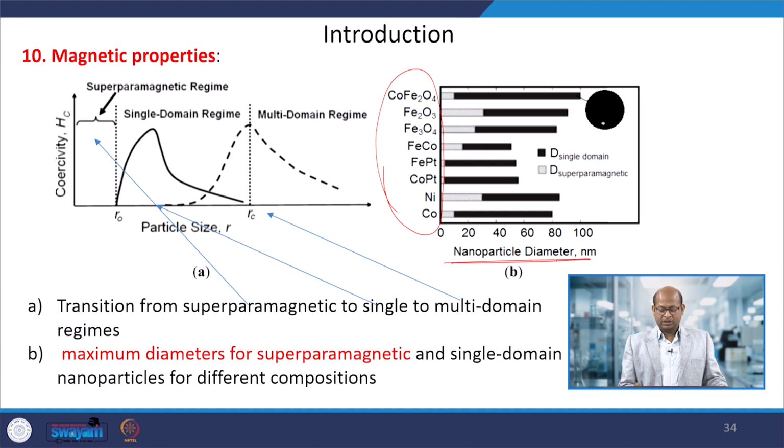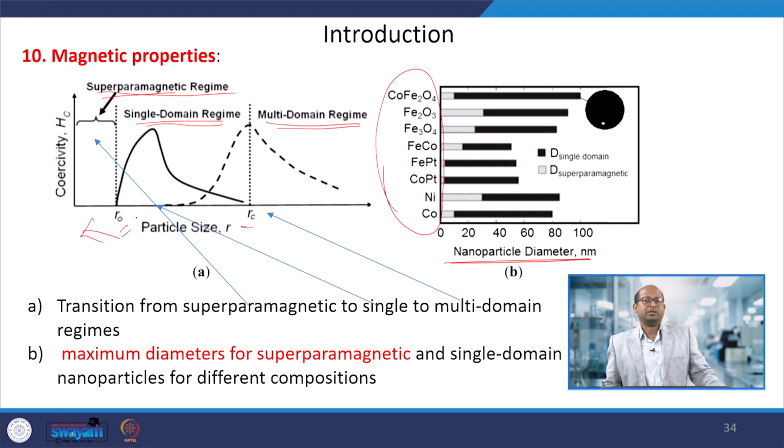When the diameter is larger, there are the multi-domain region, the single-domain region, and the superparamagnetic region. When the diameter falls below a critical value, the material will behave superparamagnetically. When it is lower than the critical particle diameter, it shows the single-domain regime, and above that it is the multi-domain regime.